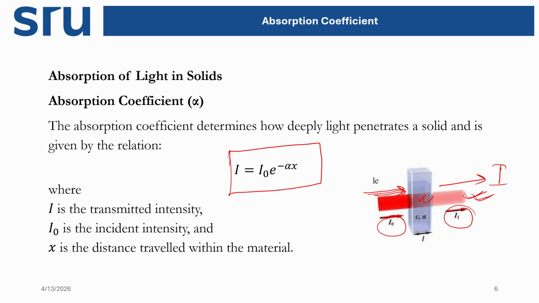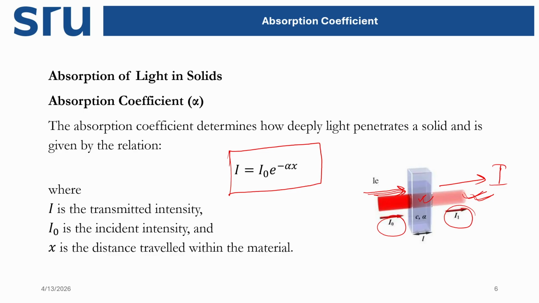But in transmission, the intensity of the light is much lesser than that of the incident light, right? And how much it is absorbing, we calculate using the constant called the absorption coefficient of a material. We can use the equation I equals I0 e to the power minus alpha x.